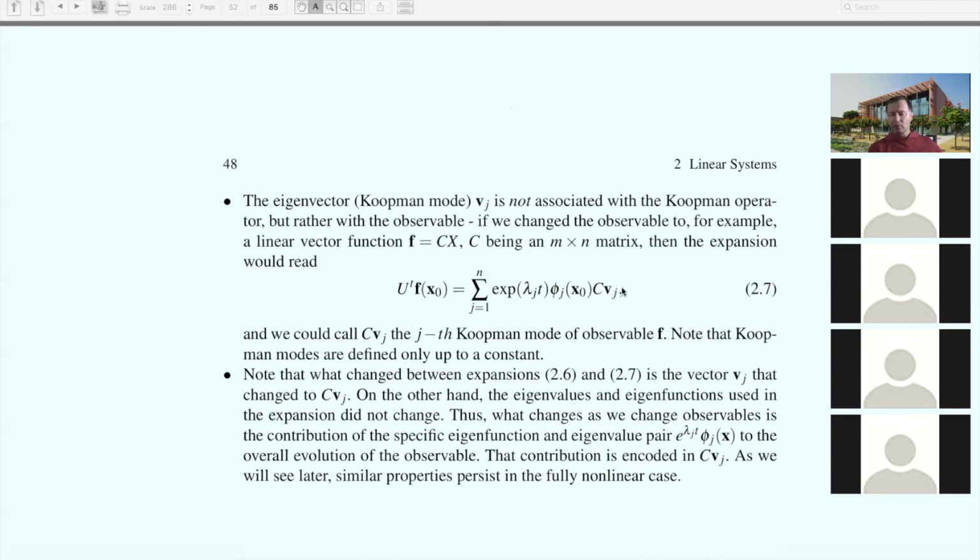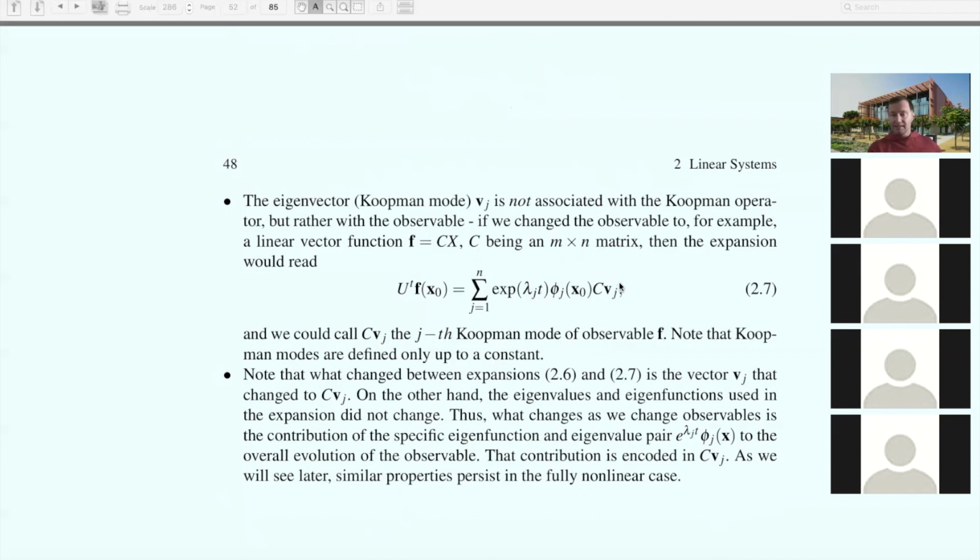So my quote-unquote Koopman mode, remember this is the eigenvalue, eigenfunction, mode, would be really the matrix C applied to the eigenvector v_j. So again, the eigenvalues and eigenfunctions are properties of the underlying Koopman operator. They are general. The modes themselves reflect the properties of the observables.